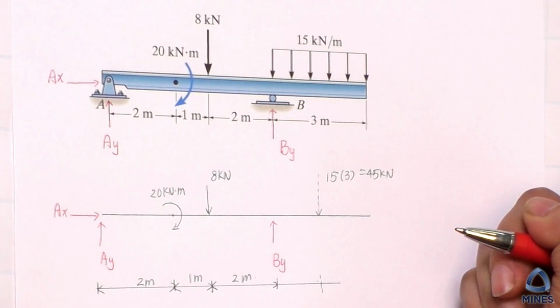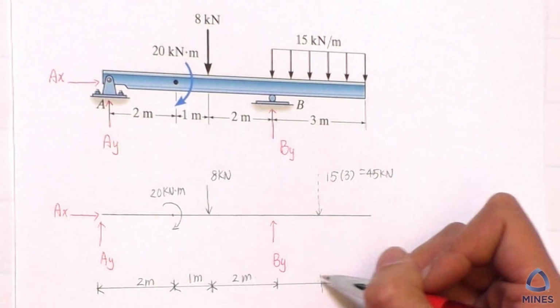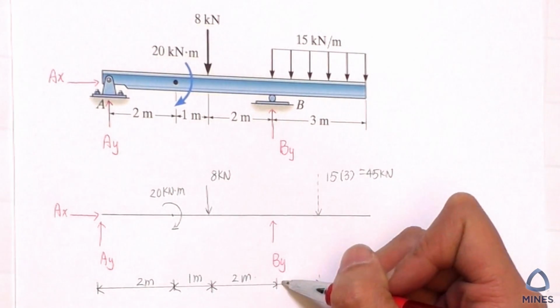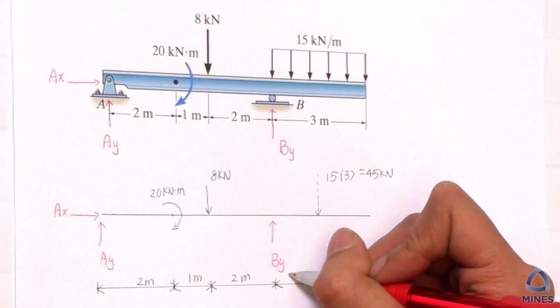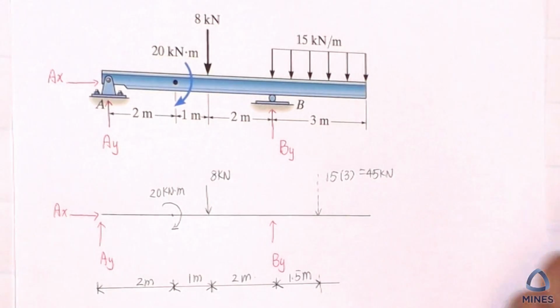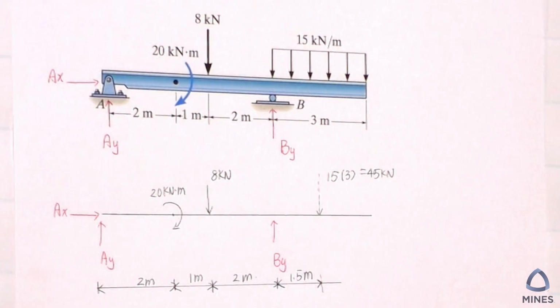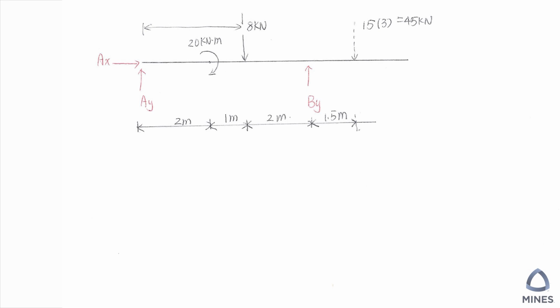This is a triangle distributed load, which means it will pass through the centroid, which will be 1.5 meters from B.